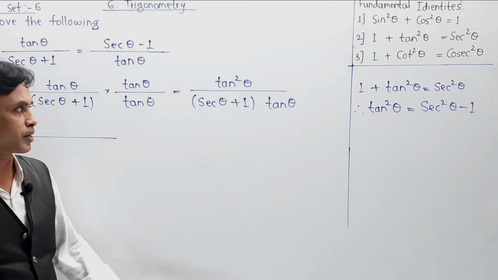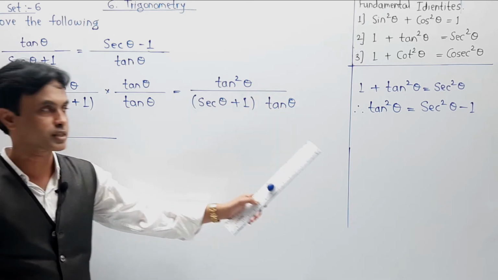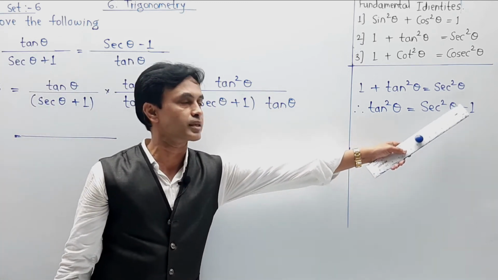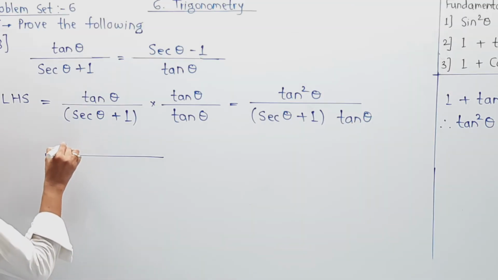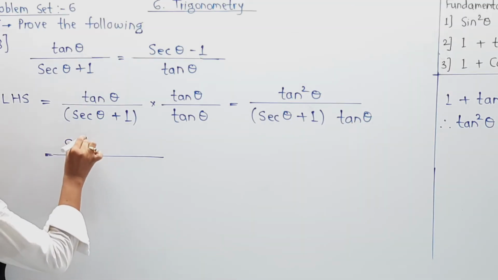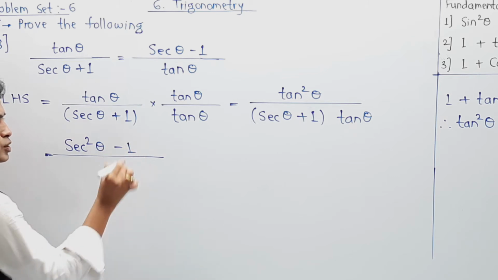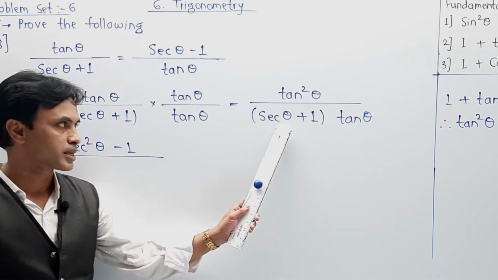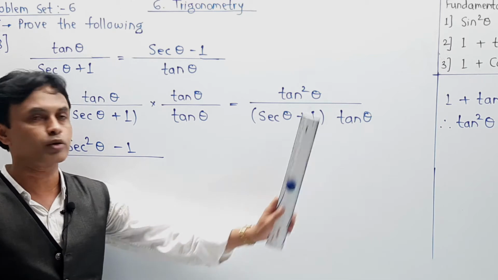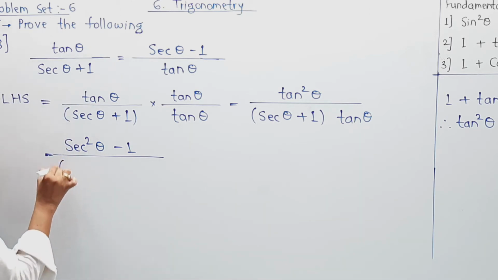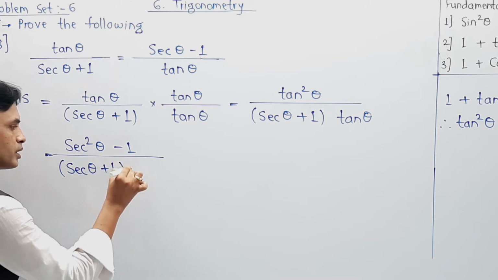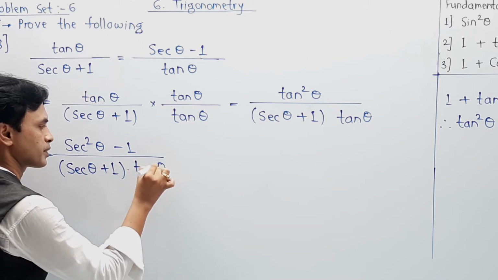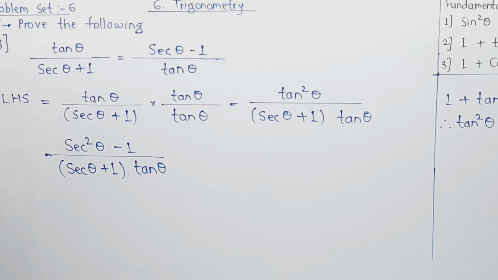Tan square theta is now replaced by sec square theta minus 1, and the total base, sec theta plus 1 in a bracket into tan theta, is as usual.